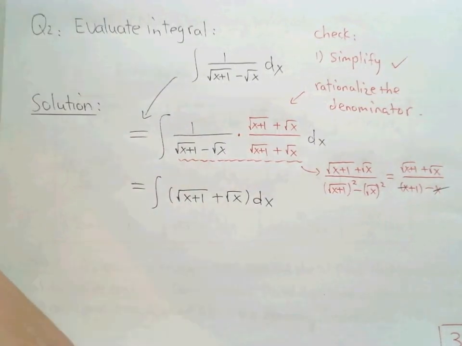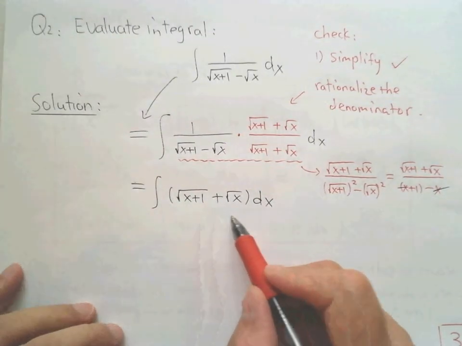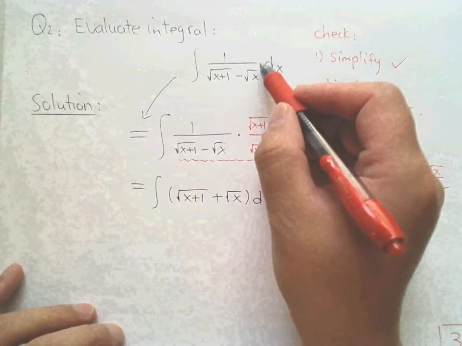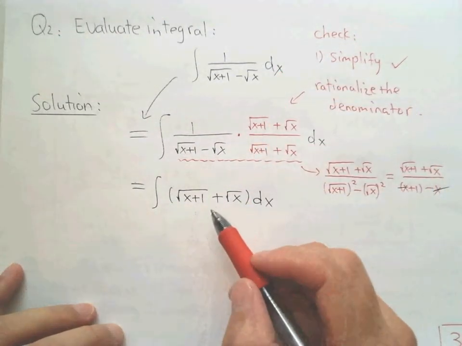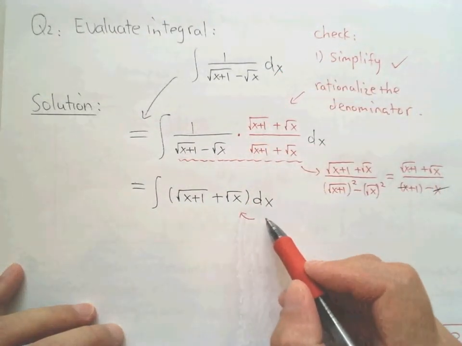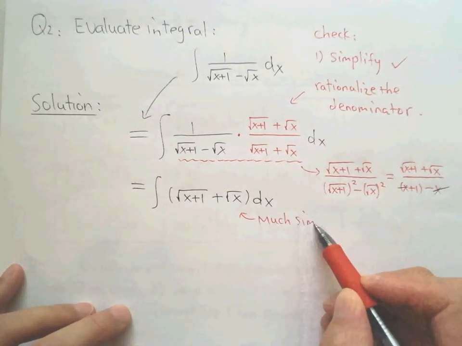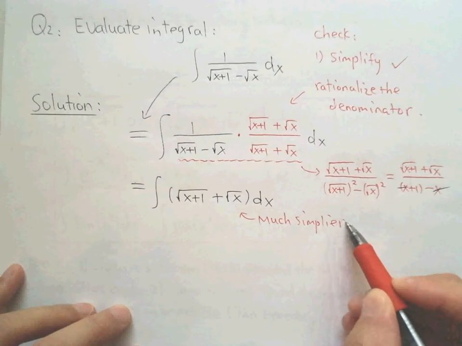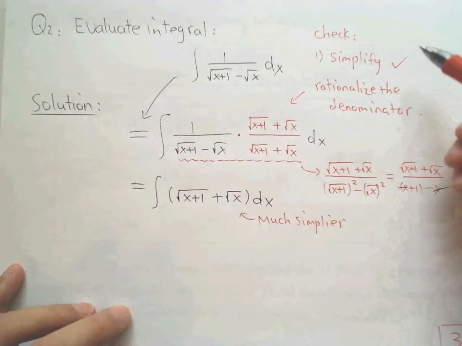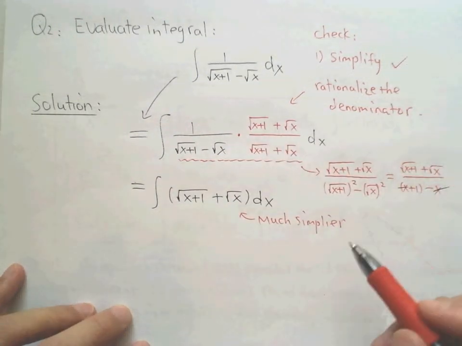Okay, now you know what it is. Okay, we look at this integral. This is much simpler than that. Why? Because we don't have a denominator. Okay, much simpler than before. See, this is why we said that we can simplify.